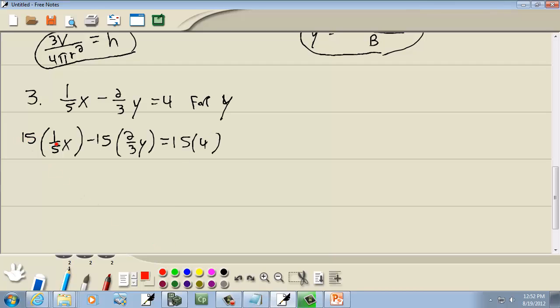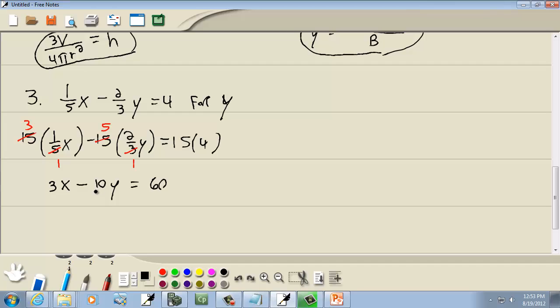Now 15 and 5 are both divisible by 5. 5 divided by 5 is 1. 15 divided by 5 is 3. 3 and 15 are both divisible by 3. 3 divided by 3 is 1. 15 divided by 3 gives you 5. So 3 times 1 is 3 with an x, minus 5 times 2 is 10 with a y, equals 15 times 4, which gives us 60. Okay, that was the second step.